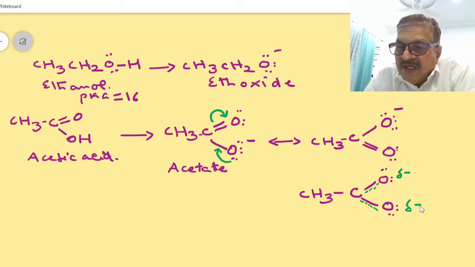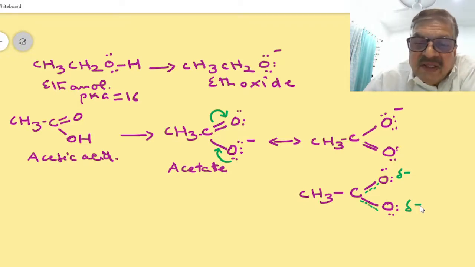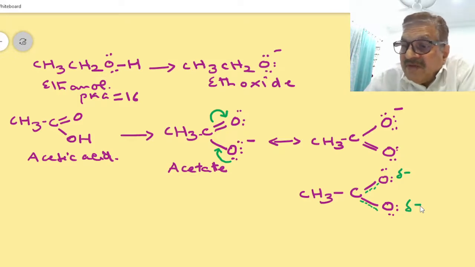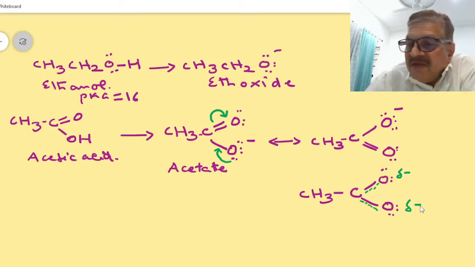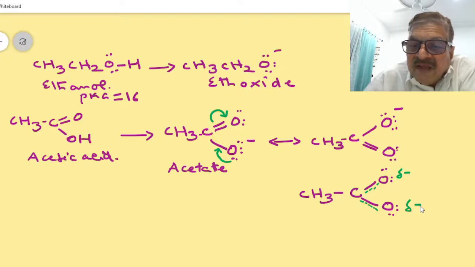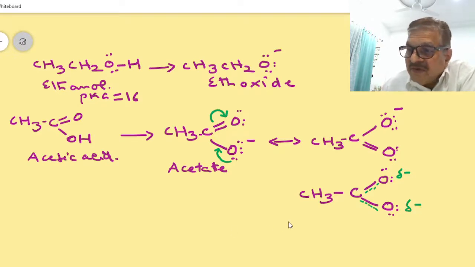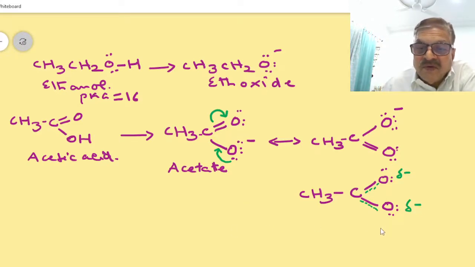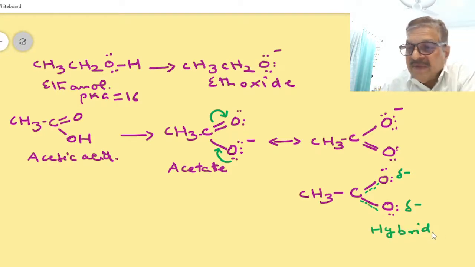The carboxylate anion is stabilized because the negative charge is delocalized on two oxygen atoms. The position of the pi bond is different, and the lone pair is also different here. This is the hybrid structure.